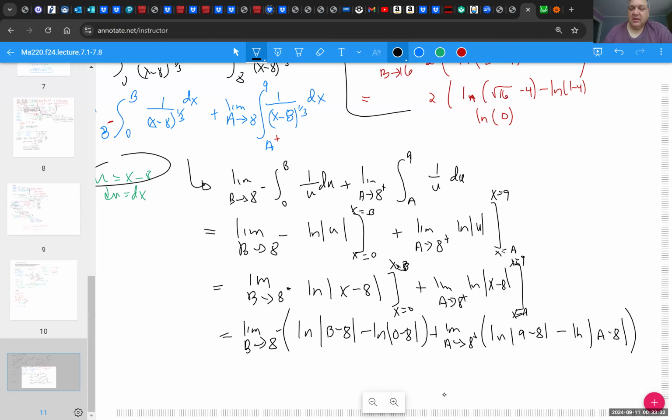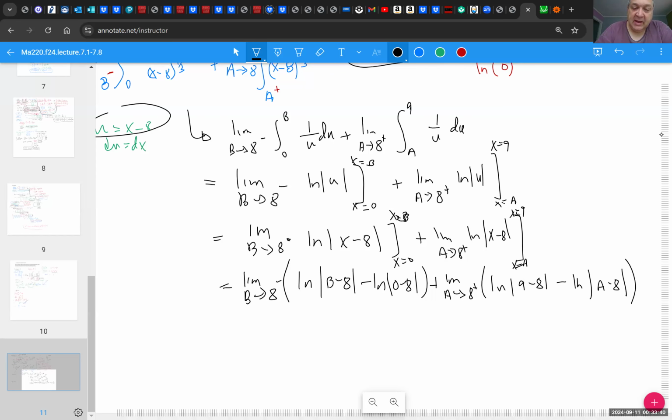Okay. So now I actually do the limits. We're going to find very quickly that this limit cannot be computed. The reason is because when I plug in 8 or something infinitesimally close to 8, this thing right here is going to be ln of 0, because 8 minus 8 is 0, and ln of 0 is undefined.